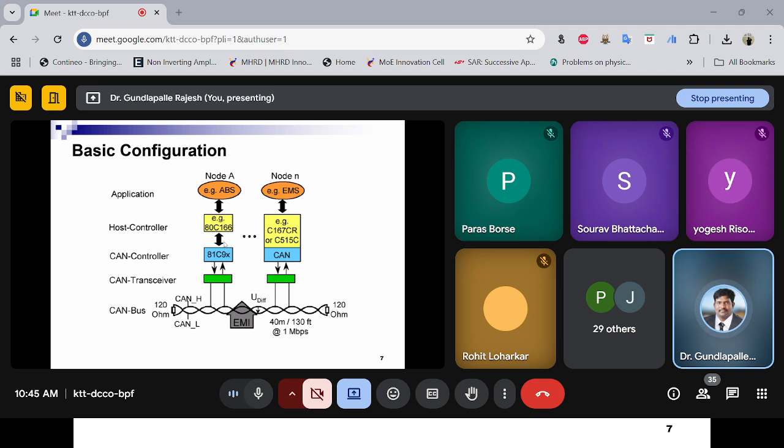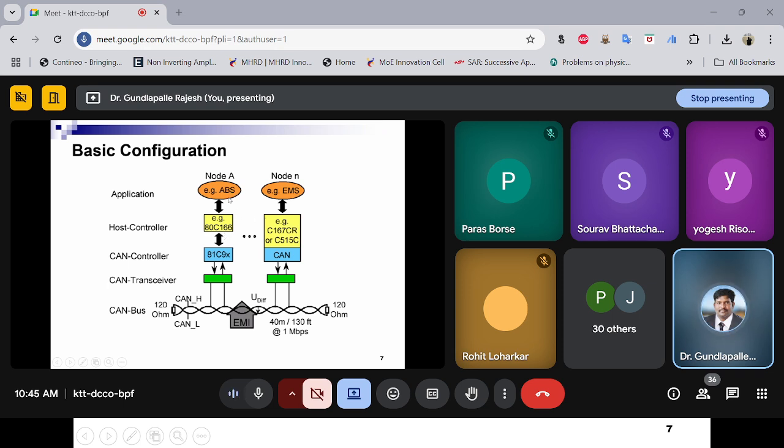Then if you see the basic configuration, how the CAN works is there will be a CAN physical bus, which will have some 40 meters of length, and the data rate can be 1 Mbps. This CAN bus, with the help of a transceiver, receives the data, and the CAN controller analyzes the data and gives it to a host controller, to a node, to the application.